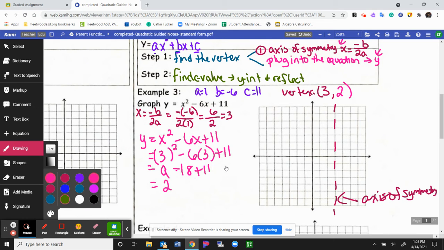Okay, so now I can take that information and plot that point, 3 over, and then up 2 right there. So that right there is my vertex.